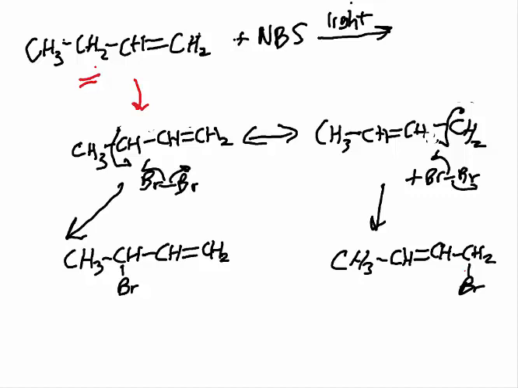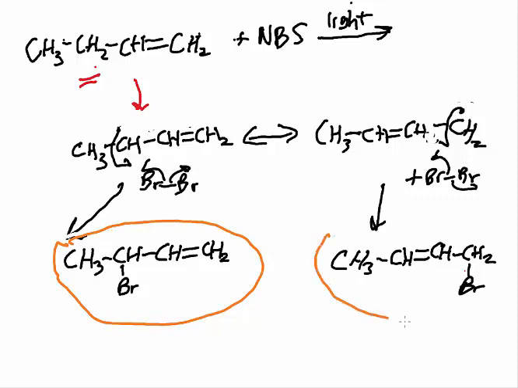And here we have it. If you take a look at these two products, I'm just going to circle them, writing down these two products. Notice they are clearly different, and these are the two organic products that are going to form, the two allylic bromination products.